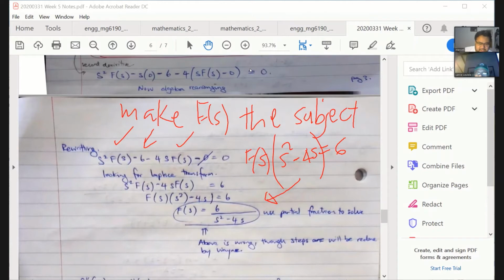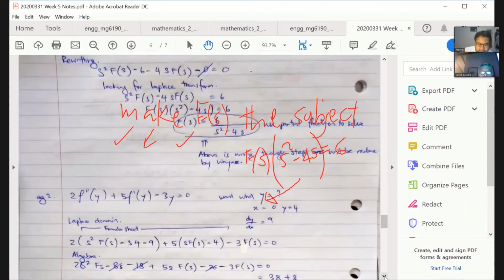But I think the steps are correct. So F of s equals 6 divided by s squared minus 4s.